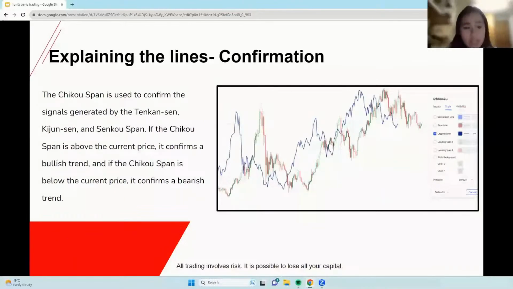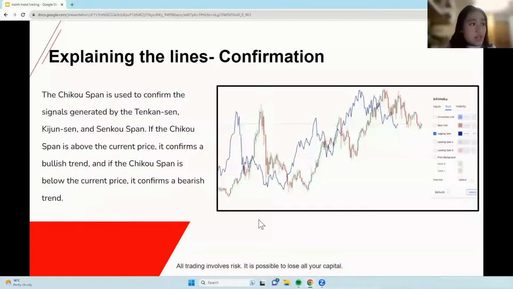Okay, thirdly is for confirmation. The Chikou span is used to confirm the signals generated by the Tenkan-sen, Kijun-sen, and Senkou span. The Chikou span is the lagging indicator here, and I've shown you what it looks like on TradingView.